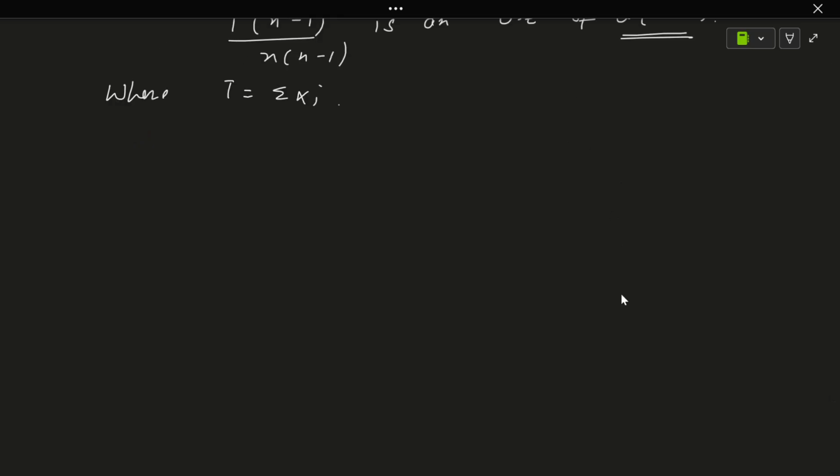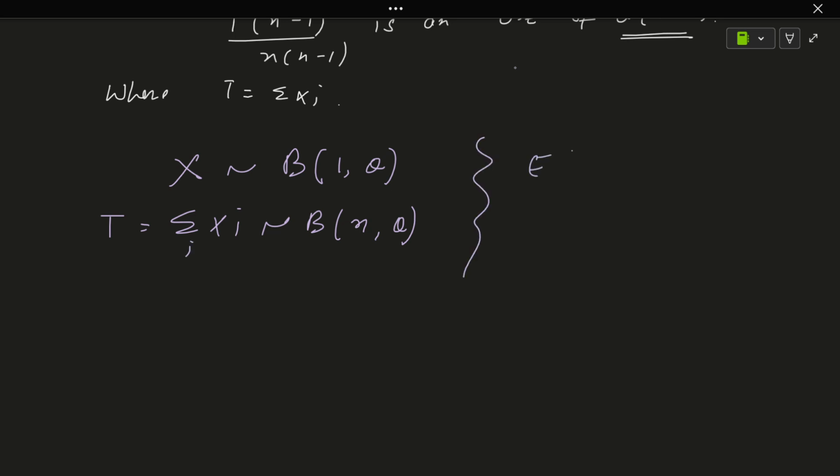So what will we do? Simply, if x follows Bernoulli(1, theta), then summation xi, which is T, will follow Binomial(n, theta). Okay, now what do you need? Now you need the expected value of T, which is nothing but n theta, and the variance of T will be n theta(1 minus theta), as you know if you remember the distributions.